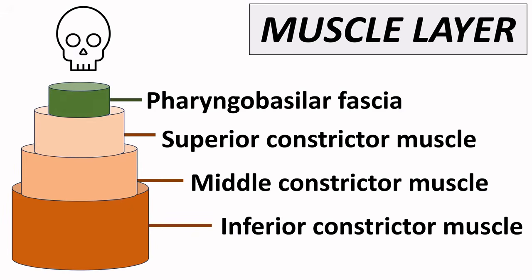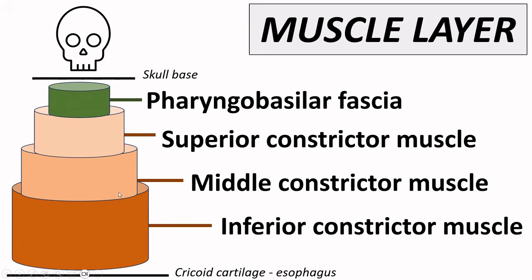And as such, these can be seen as stacked inside one another. Then they insert at the level of the skull base, but we also have only limited coverage of the constrictor muscles at the level of the skull base. So the Pharyngobasilar fascia at the level of the nasopharynx will constitute a lot of the wall of the pharynx at that level.